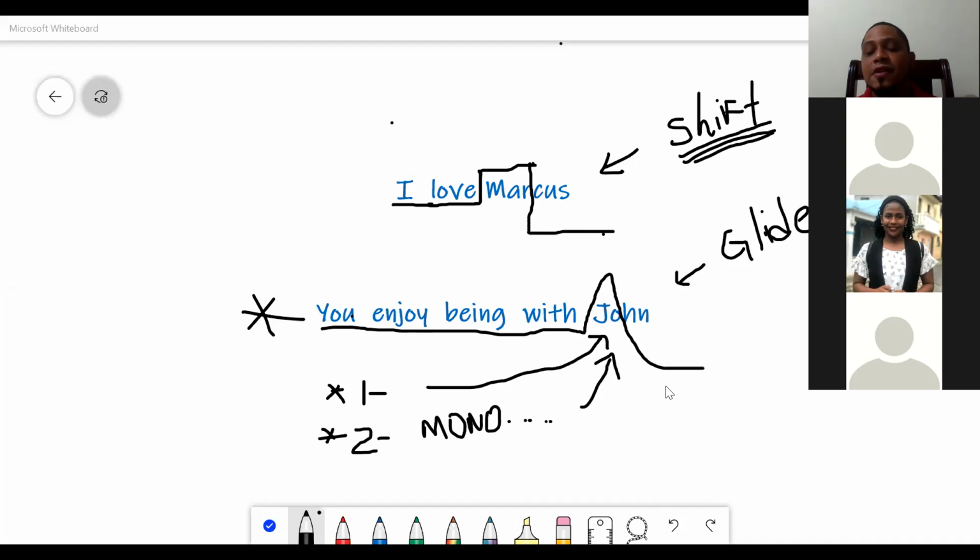For you to see if it is content or function, you need to know the grammatical name of the words. For example, enjoy and being are verbs and they are content words. So we have three content words in here, and you have to focus on the last one. You need to recognize what is a content word and what is a function word in the sentence.